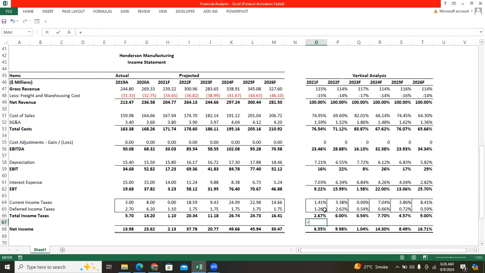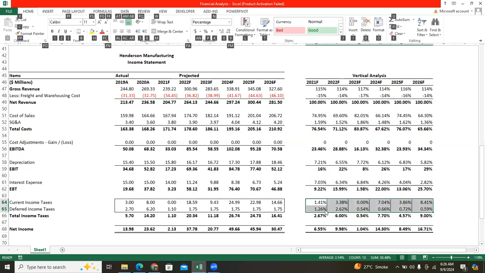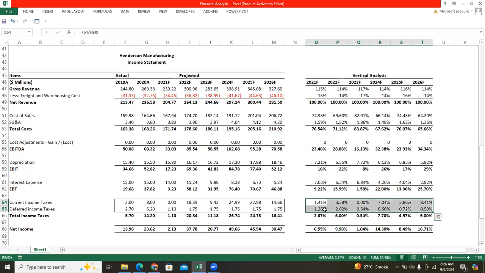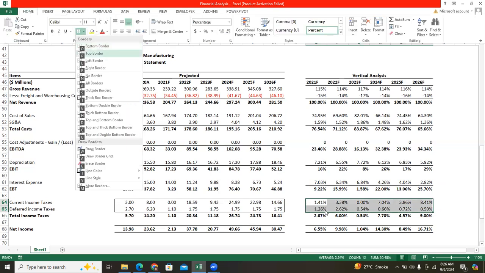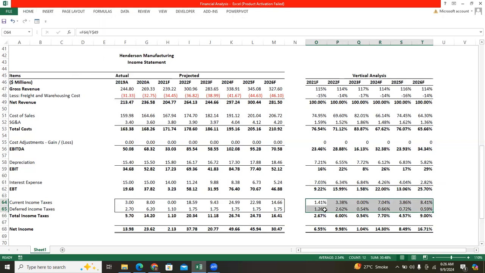And if I take the sum of my taxes, how does it relate to my working? You've got to see the same things here. Just to complete the formatting, it doesn't require much time. Now you see, you completed an income statement vertical analysis as well.